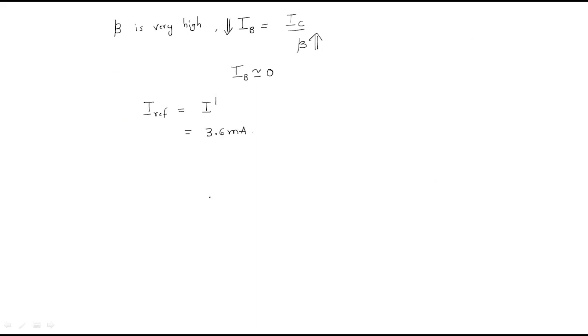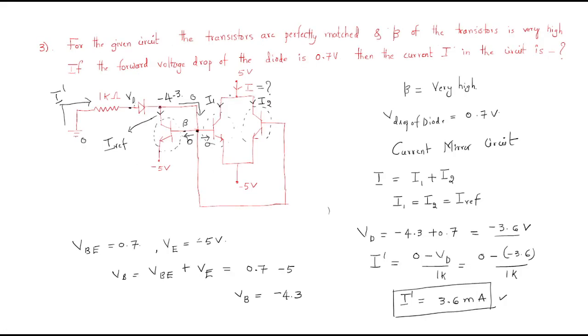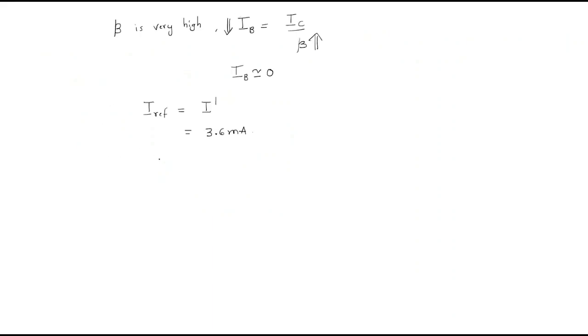But what do you know, this is the current mirror circuit, so I1 and I2 are nothing but the reference current. The reference current value is 3.6 milliamps. So the current I equals I1 plus I2, that is 3.6 plus 3.6, that's 7.2 milliamperes.